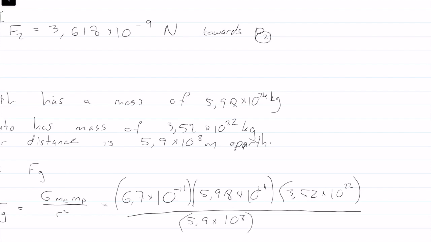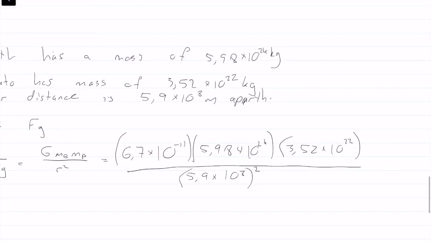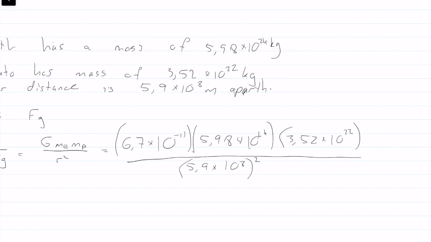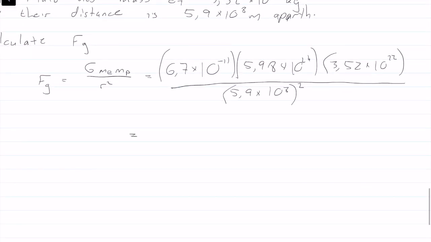I'm putting brackets on purpose so that I get everything in the r squared term. If we plug this into our calculator and square that number, we get a value of Fg equal to 4.0515 times 10 to the 19 newtons.